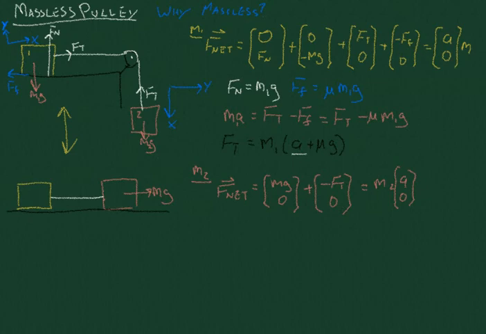So now I get another equation for tension, which says the tension is m2 g minus a.